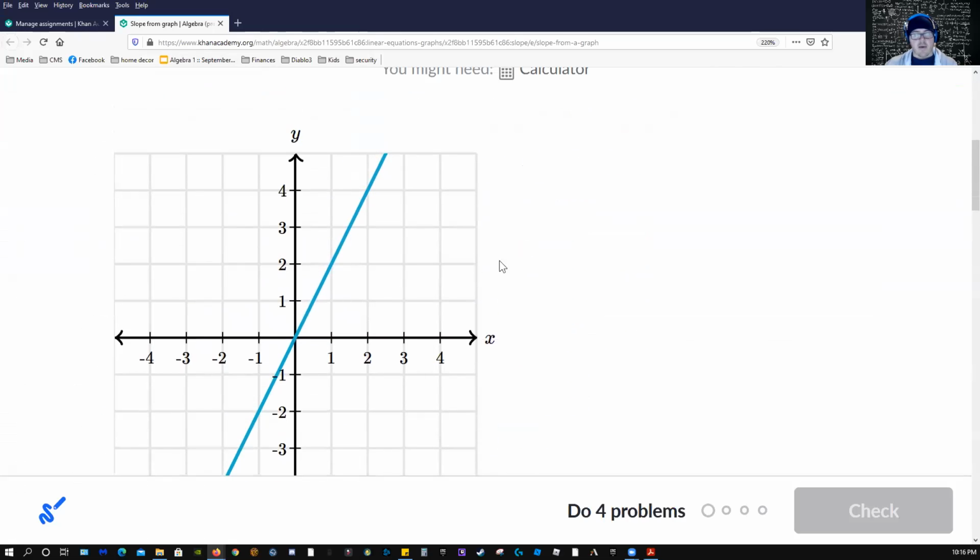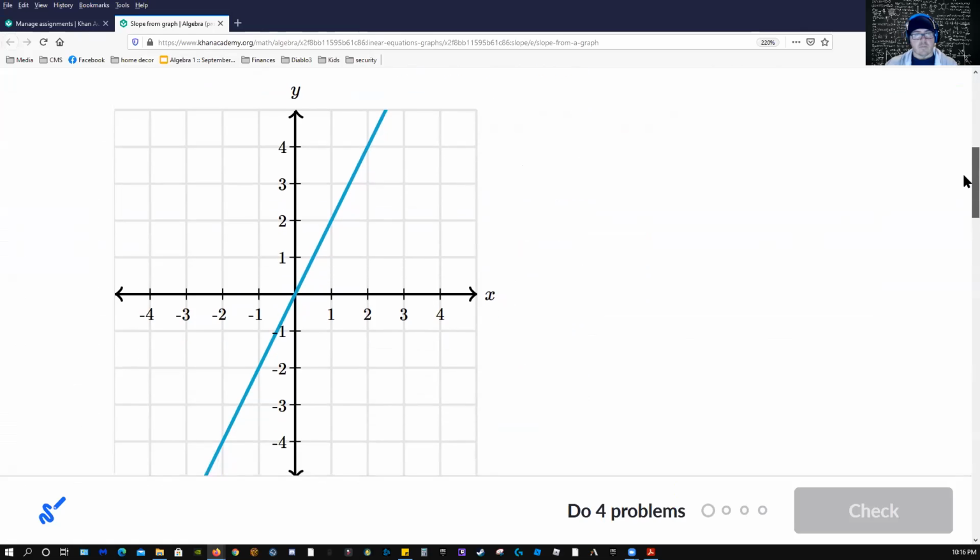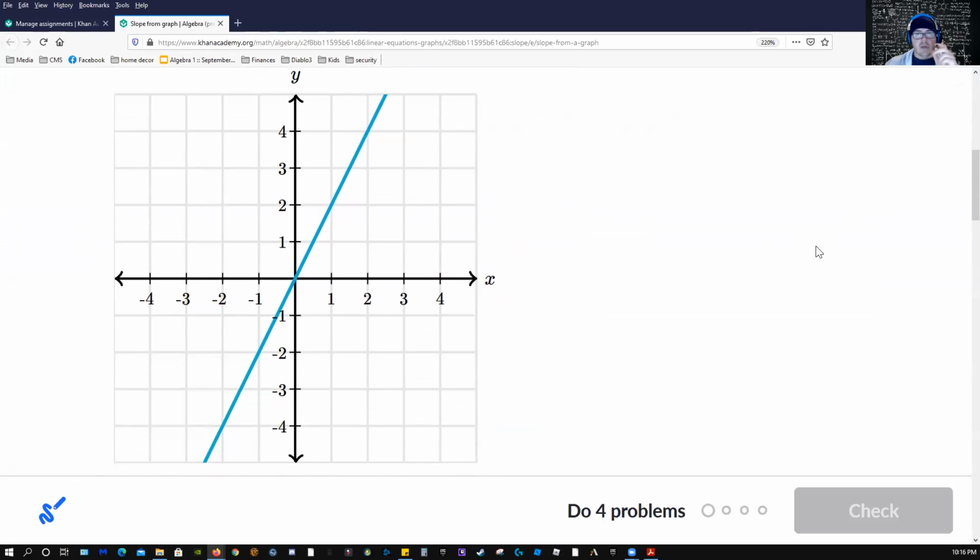Okay, here's slope from a graph. So what I've got to do is pick 2 integer coordinates where this blue line goes through. So there's one, there's one. Any of these 2 would do.